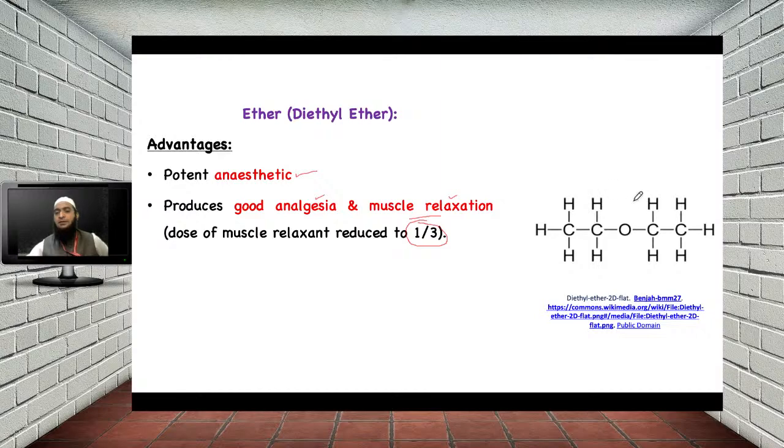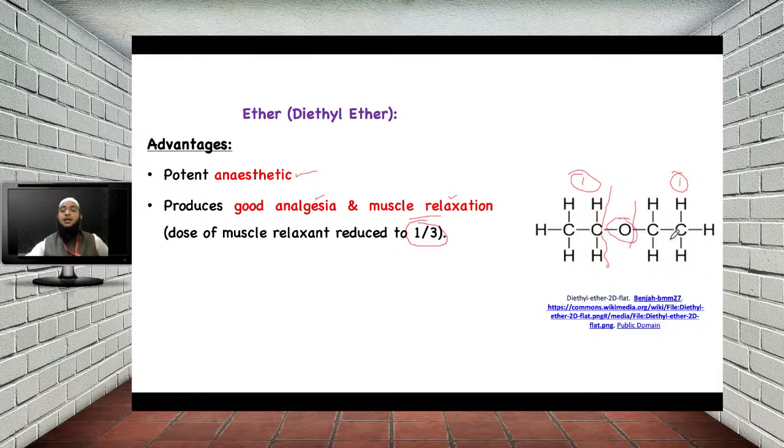Now before going ahead, let's quickly see the structure of ether. Ether is a very common molecule. You might have studied this many times in chemistry. It consists of two ethyl groups. This is the first ethyl group, and this is the second ethyl group. So it is basically diethyl ether. These two ethyl groups are joined by an oxygen atom, and that is why we call it ether.